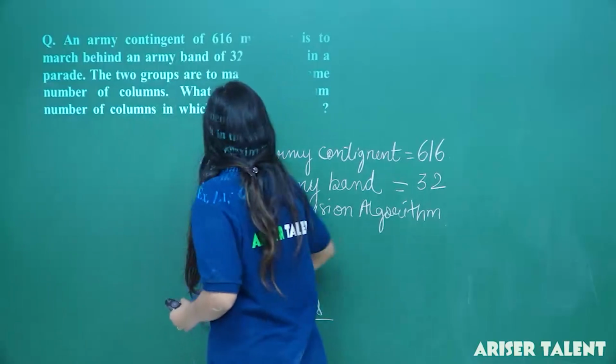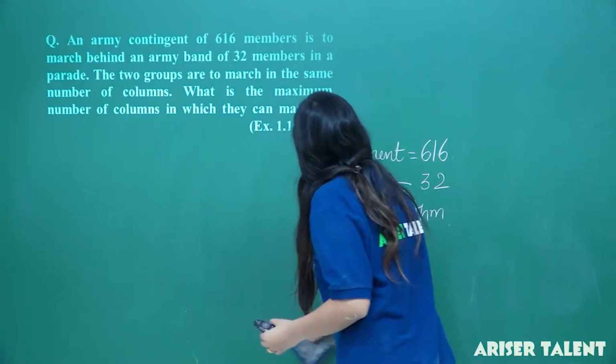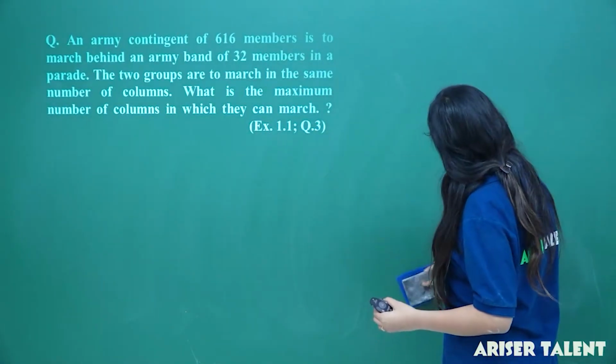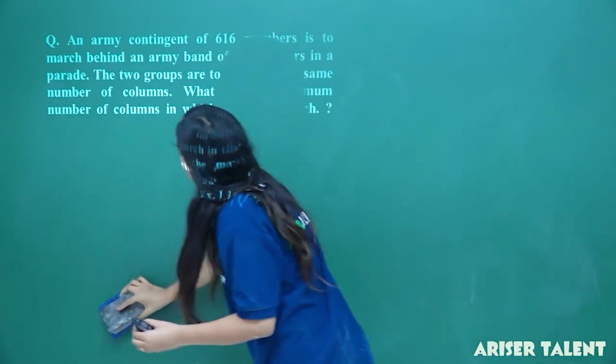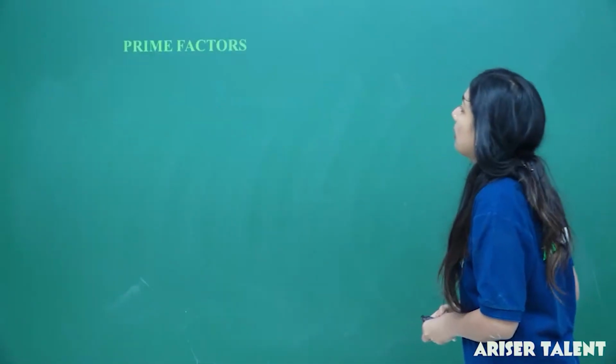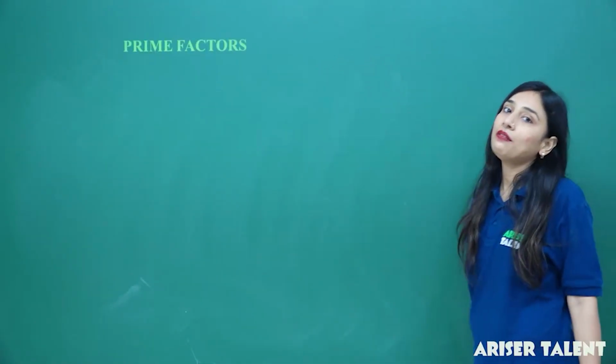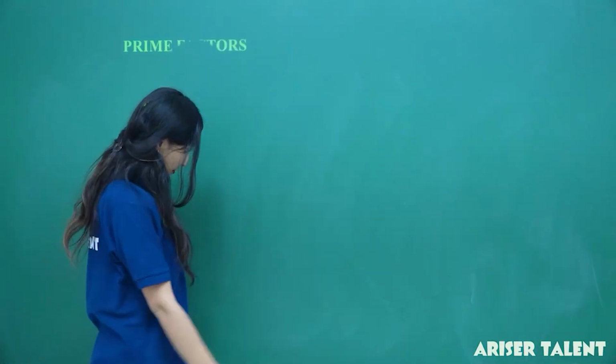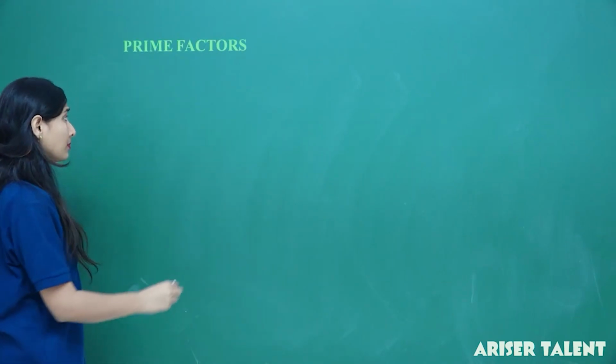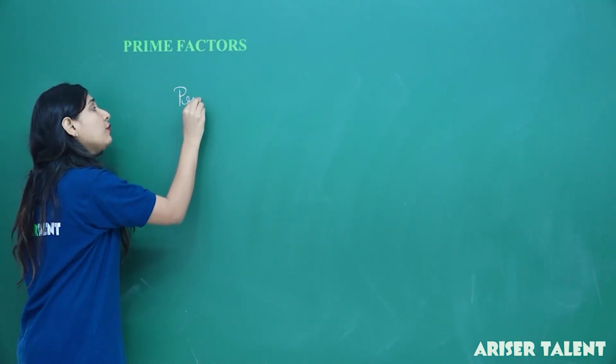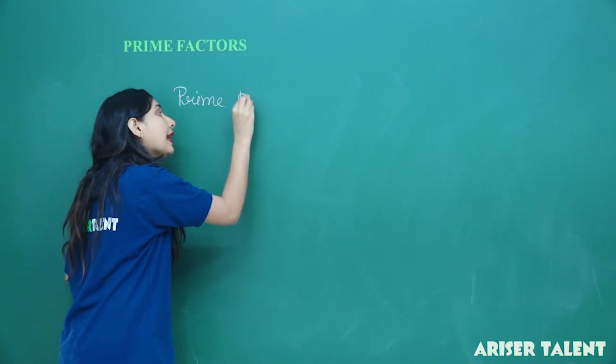Okay. We have done the question and we have done some statements to be proved. Now, the next is prime factors. What are prime factors? So, we have talked about prime numbers.